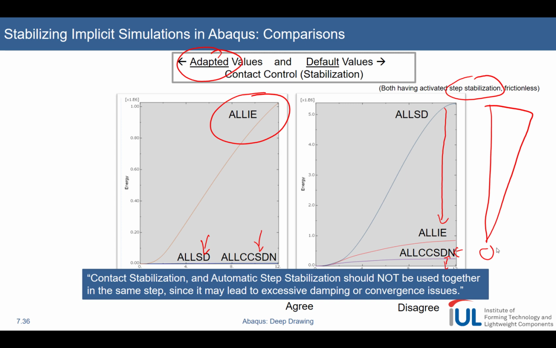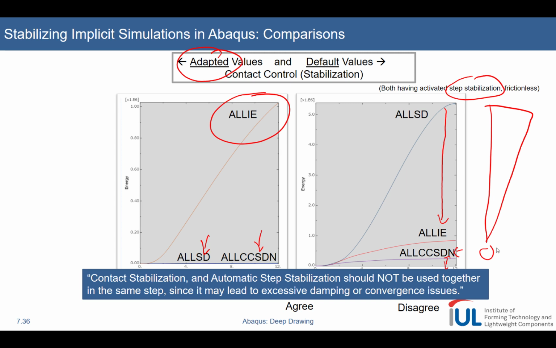So if you introduce those artificial energy terms like we've seen here, like contact and step stabilization, you should really make sure that you check the amount of those energy terms. This is what we've done. This is what I've shown you here in relation to your total internal energy. And the important thing is, the higher the portion of these terms is related to your internal energy, the higher the physical deviation from the actual physically correct solution is.